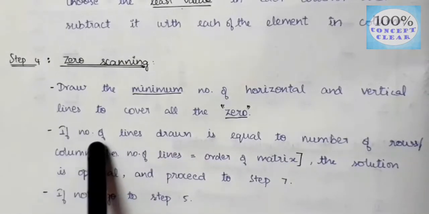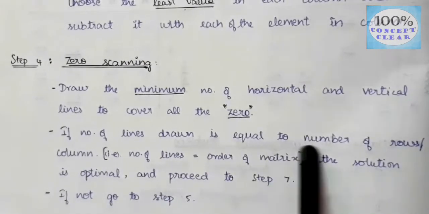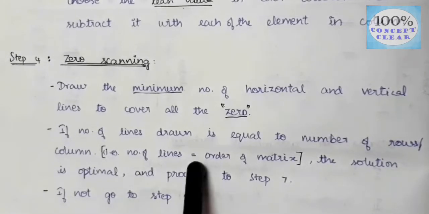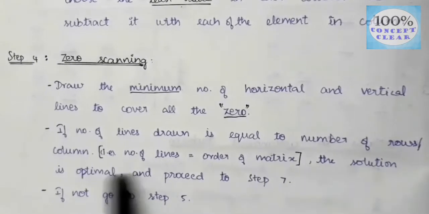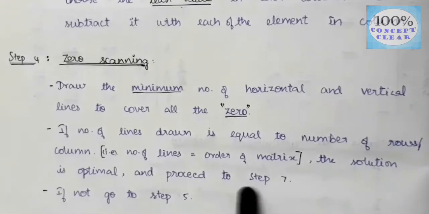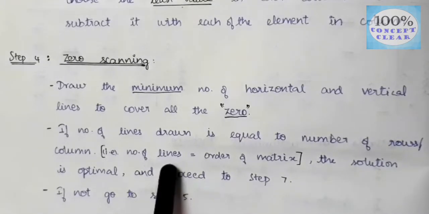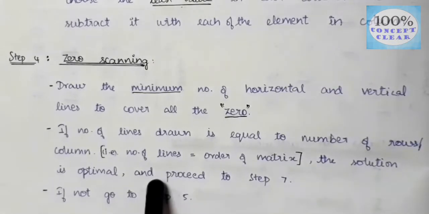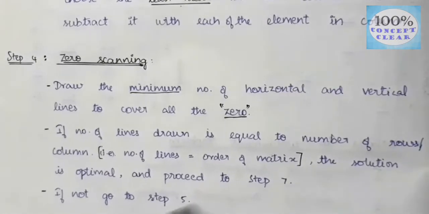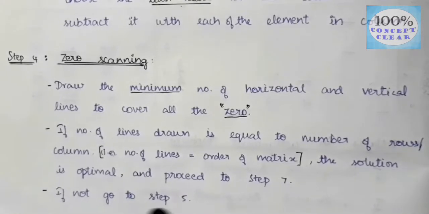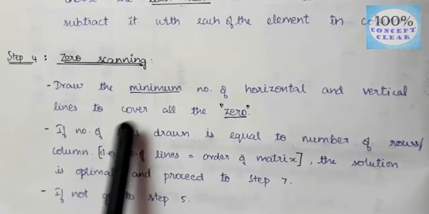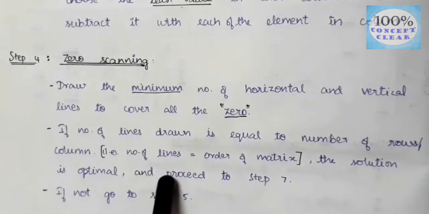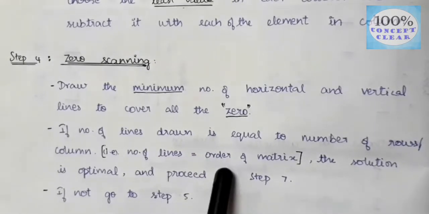If the number of lines drawn is equal to the number of rows and columns, that is, the order of the matrix, the solution is optimal, and we proceed to step 7. If not, we have to go to step 5. So first draw the lines and check whether the count satisfies this condition.